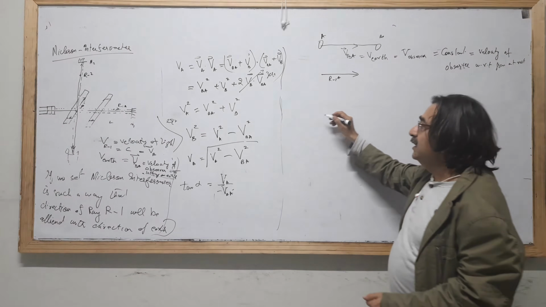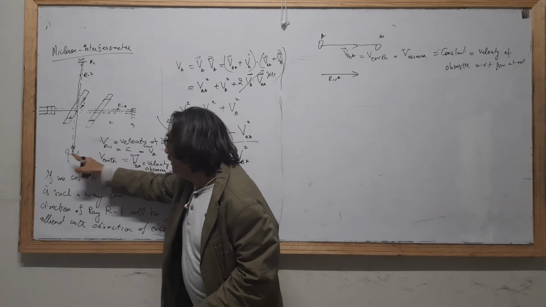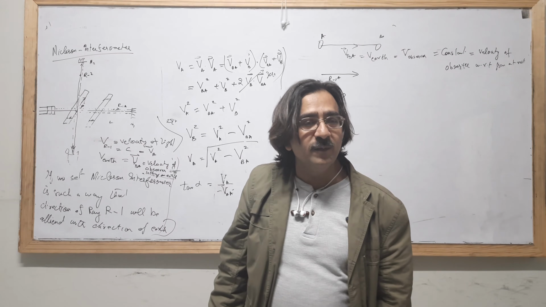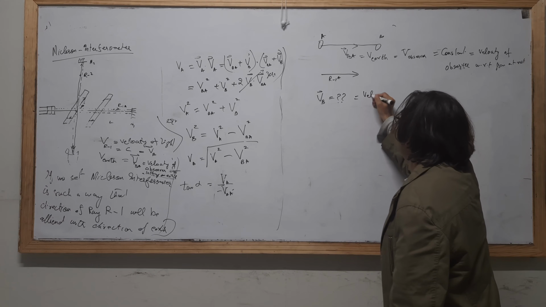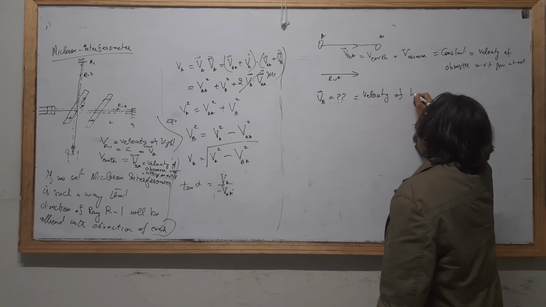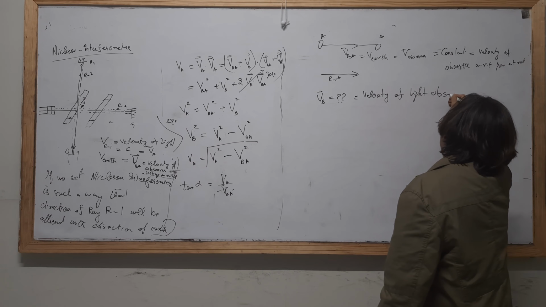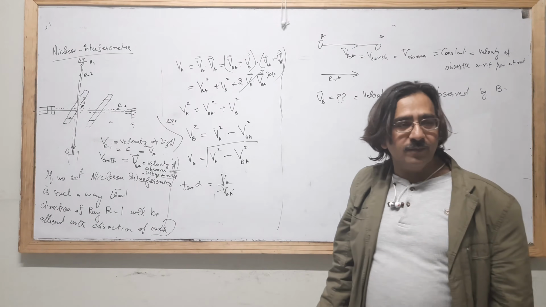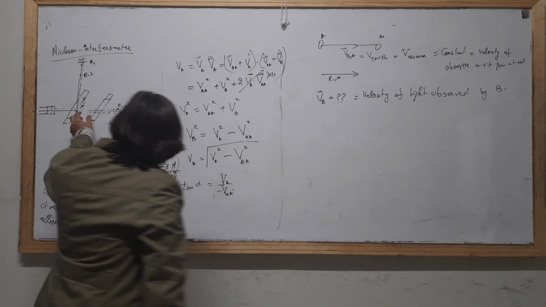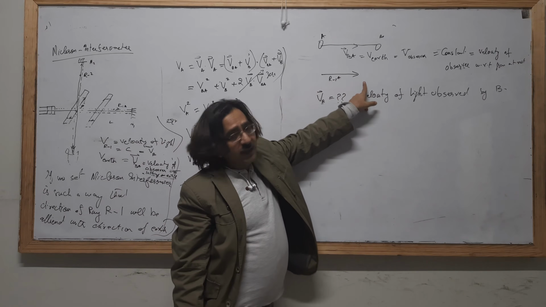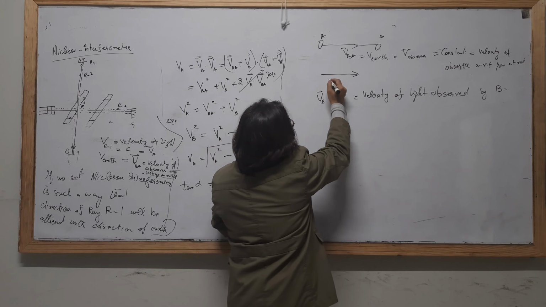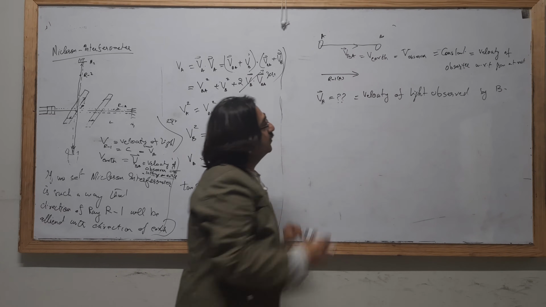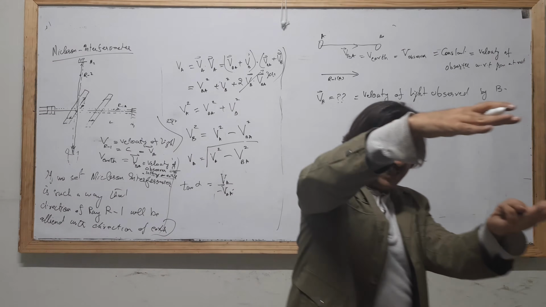If both have the same direction, what will be the velocity VB? The velocity of light observed by the observer. Both are moving: Earth is moving in this way, R1A is moving in this direction, and VB is moving in this same direction. Both are moving in the same direction.